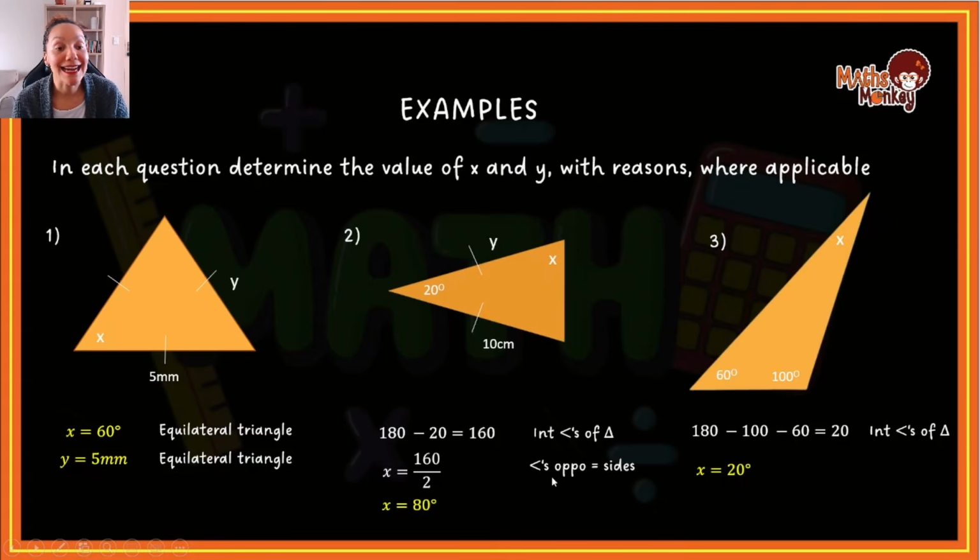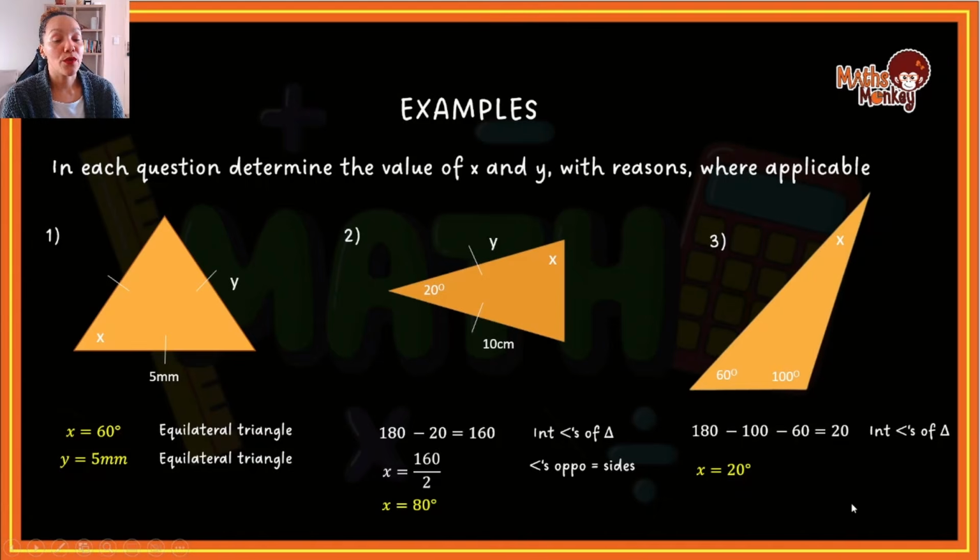You would literally write the solution here as angles opposite equal sides if it is an isosceles triangle, and you will just refer to the interior angles of a triangle in a scalene triangle. However, with equilateral triangle, you will use the words equilateral triangle as part of your reason.